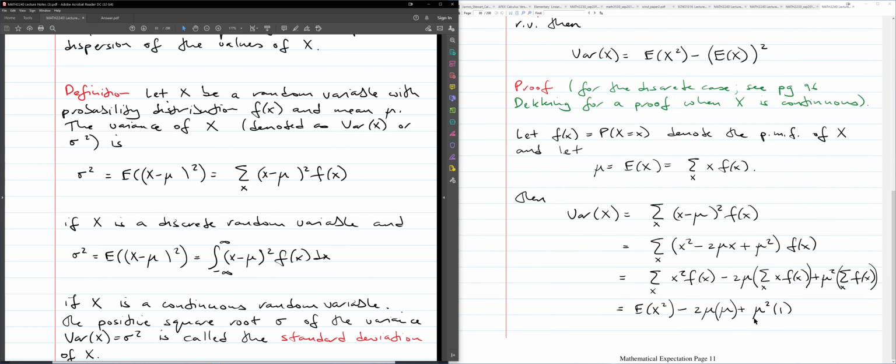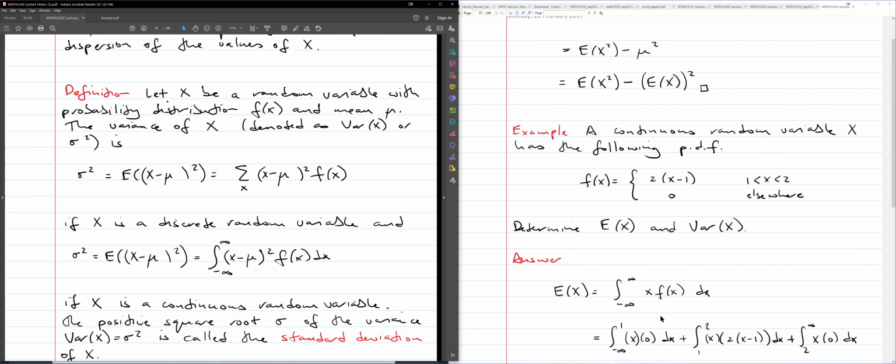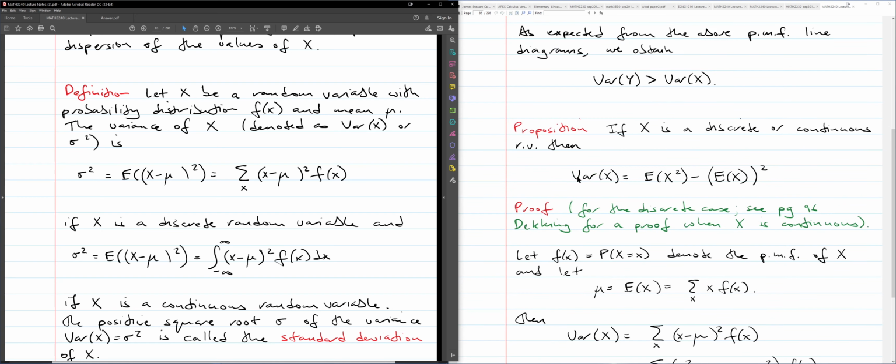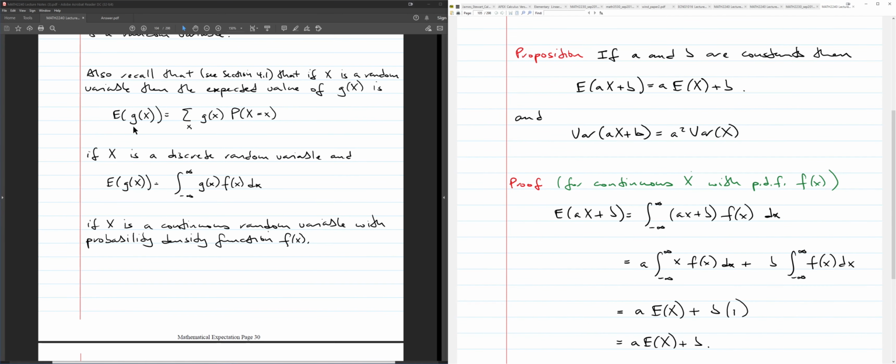Notice that I have minus 2 mu squared plus mu squared, so overall this gives me the expected value of x squared minus mu squared. And remember, mu is the expected value of x. So I get the expected value of x squared minus the expected value of x, all squared, which is what I want. Alright, so we saw that for the expected value of a function of a random variable, this is how you would calculate it.